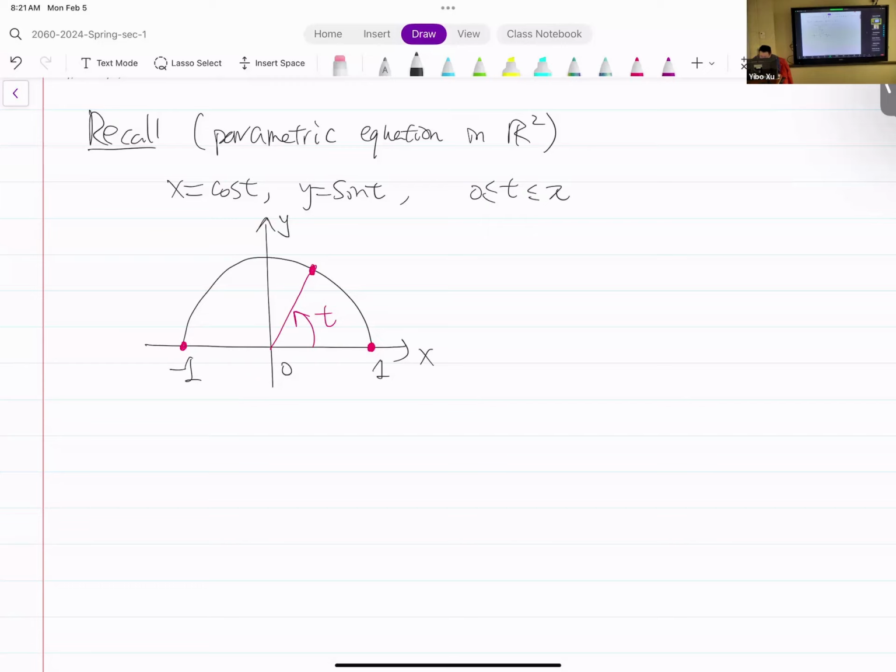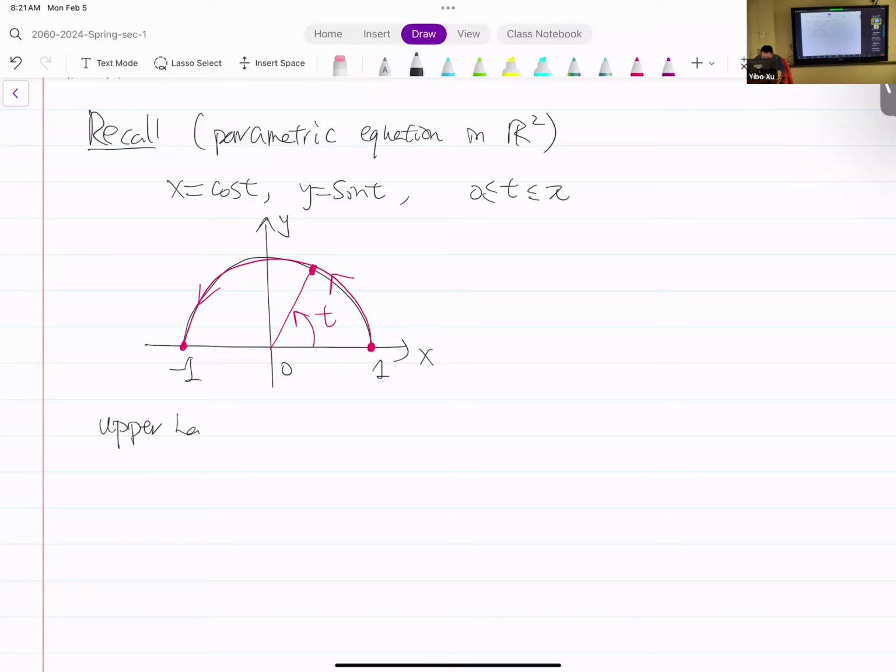And so basically, this is actually the curve, and if you travel, it will be this path, right? From the right to the left, is counterclockwise.